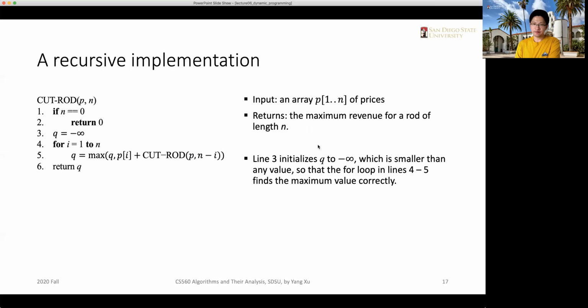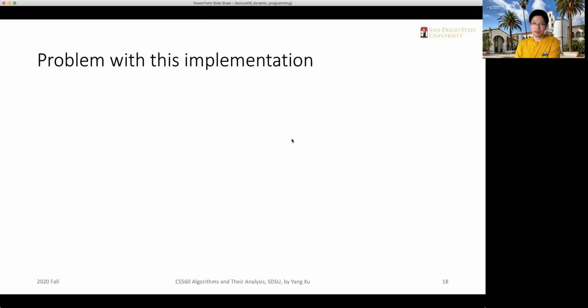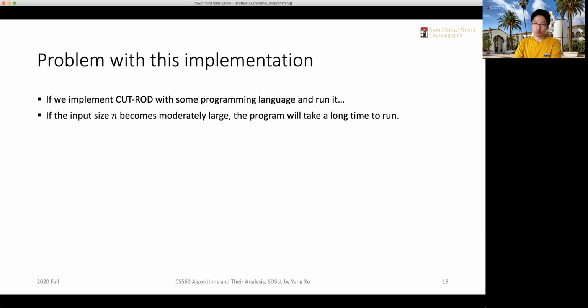But unfortunately, this implementation is not an efficient algorithm. If we implement it in some programming language and run it, we will find that when the input size is moderately large, the program will take a long time to run.